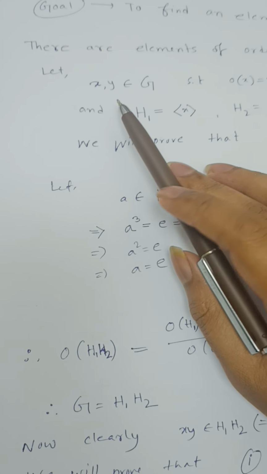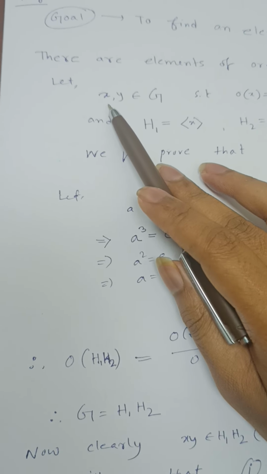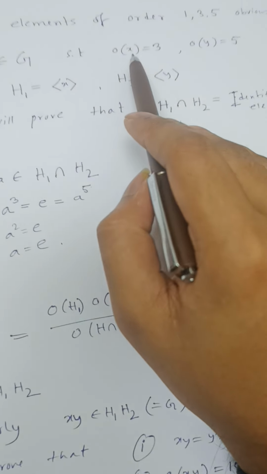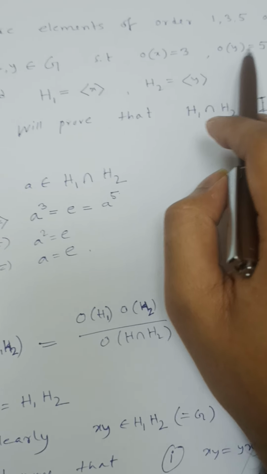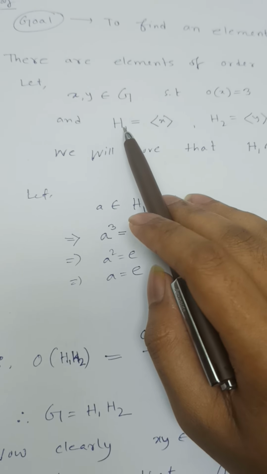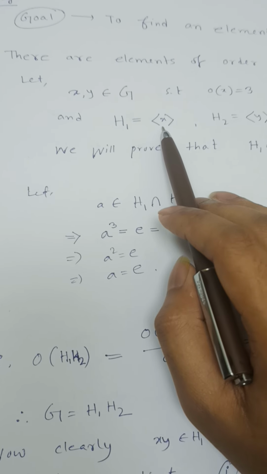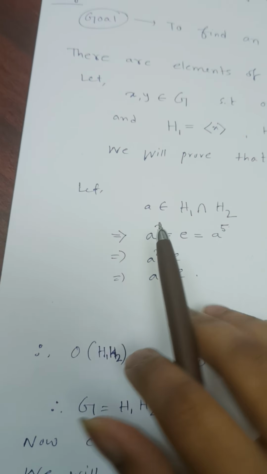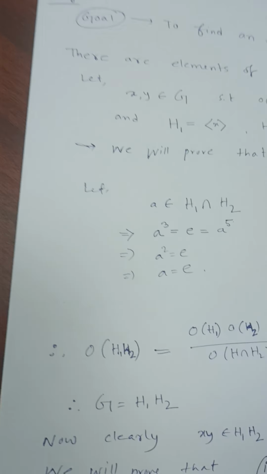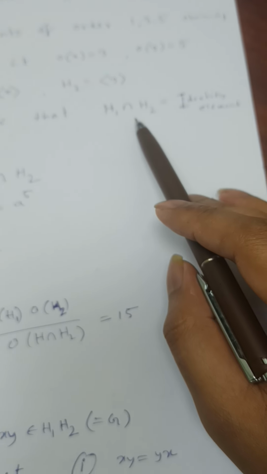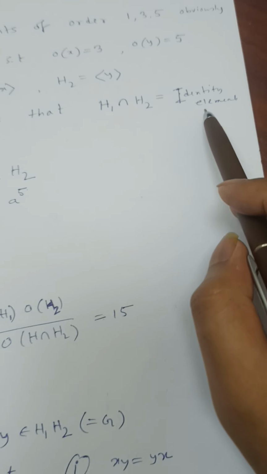So let X and Y be two elements in G where X has order 3 and Y has order 5. Now let H1 be the subgroup generated by X and H2 the subgroup generated by Y.